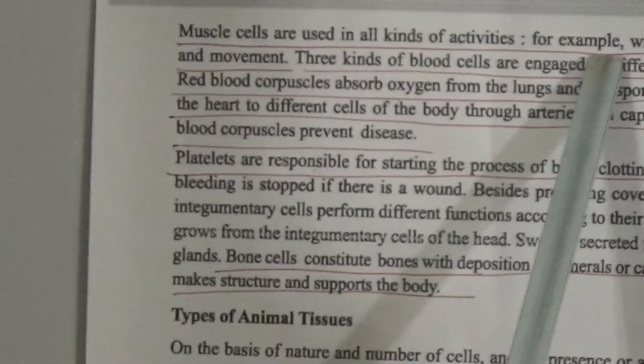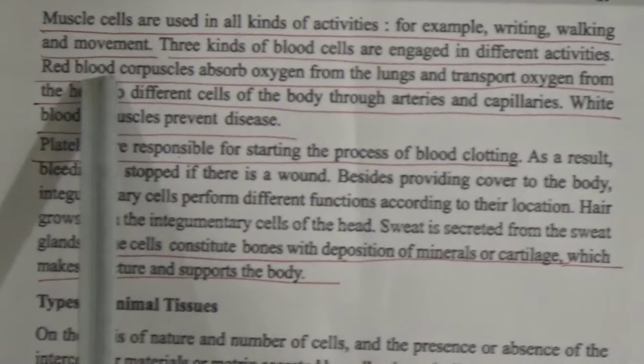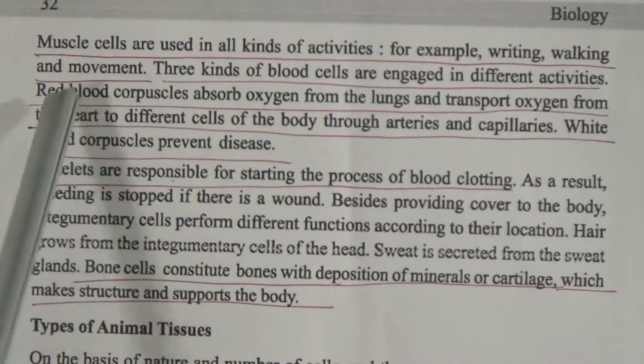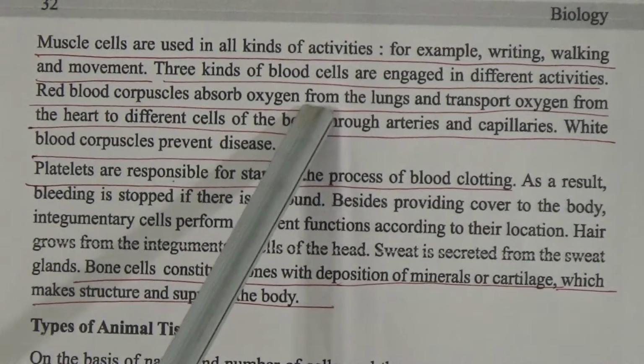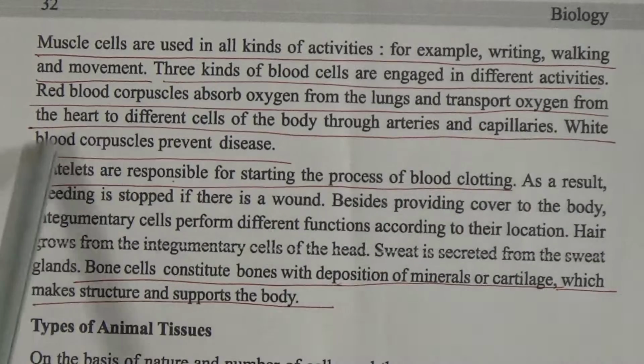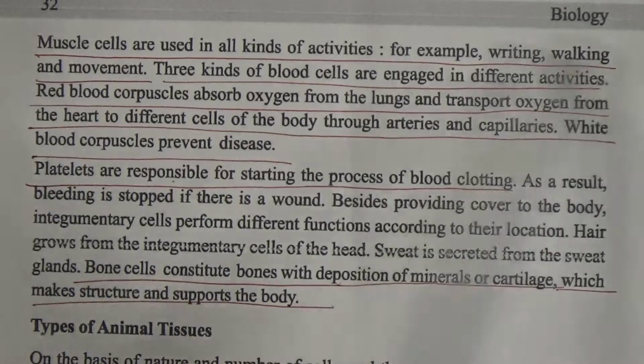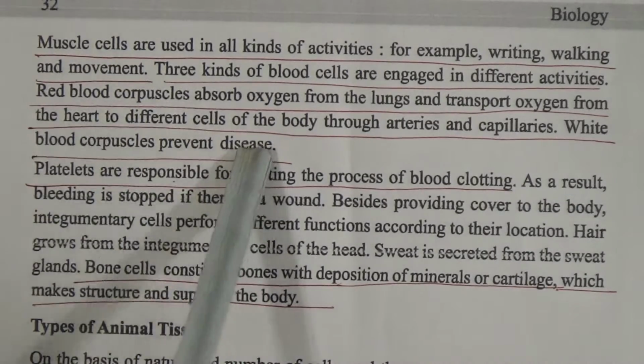Now, muscles are used in all kinds of activities, for example, writing, walking and movement. Three kinds of blood cells are engaged in different activities. Red blood corpuscles absorb oxygen from the lungs and transport oxygen from the heart to different cells of the body through the arteries and capillaries. White blood corpuscles prevent diseases.